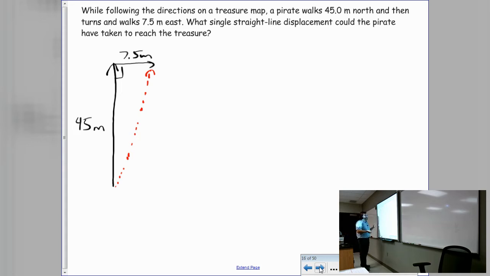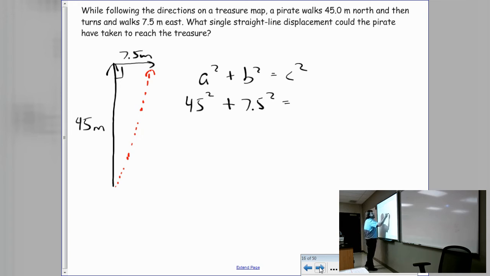What I'm going to do first, since I've got two sides, is find the magnitude using the Pythagorean theorem. A squared plus b squared equals c squared, where a is 45 meters. I don't necessarily write out meters. Okay, so 45 squared plus 7.5 squared equals c squared.